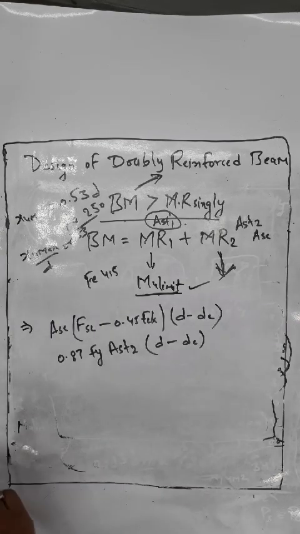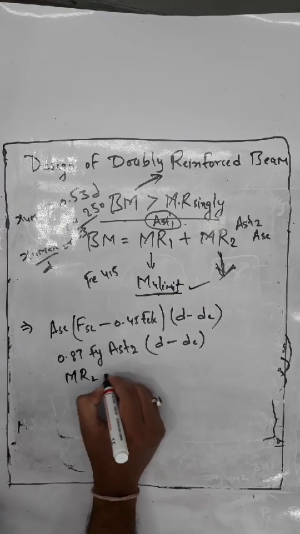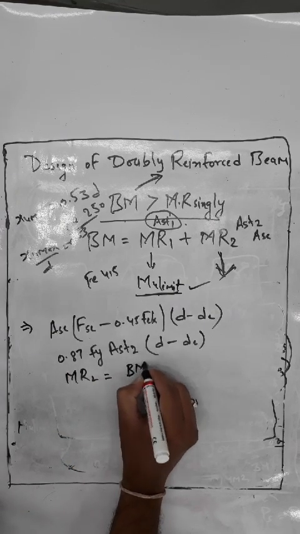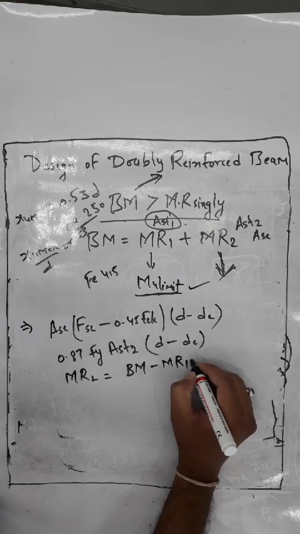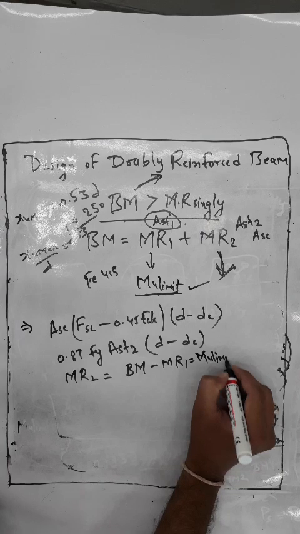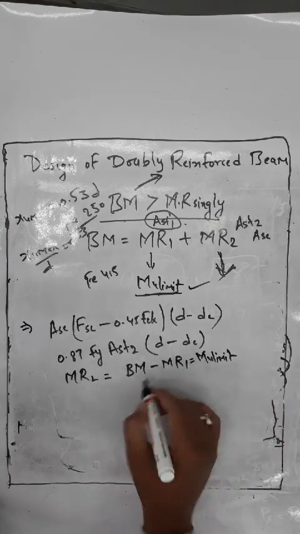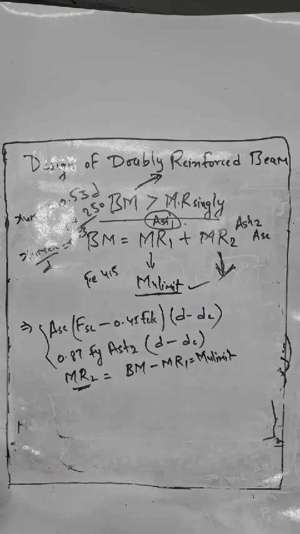These two equations we have for MR2 part. So we know that MR2 is equal to bending moment minus MR1 or Mu limit, whatever you write here. So we get MR2, and MR2 is equal to this equation.